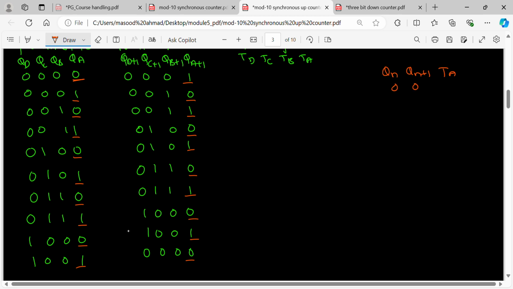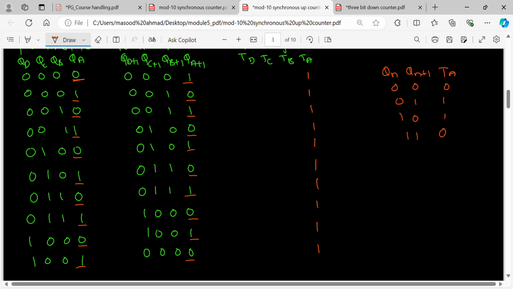For 0, 0, the input is 0. For 0, 1 or 1, 0, the input is 1. For 1, 1, the input is 0. So from this, TA is 1, 1, 1, 1, 1, and once again 1, 1, 1 and 1. So totally 10 ones.